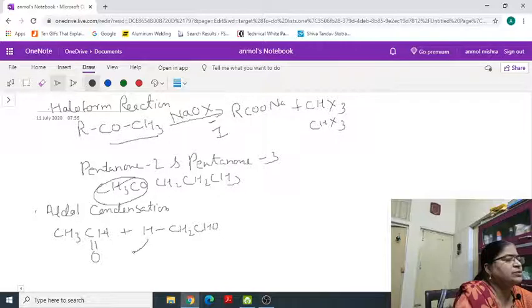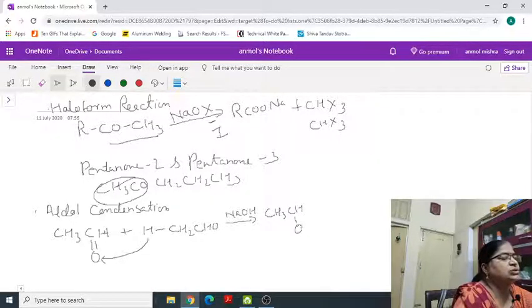This hydrogen is attacked by this oxygen in the presence of NaOH. It will form aldol, CH3 CHOH CH2 CHO.